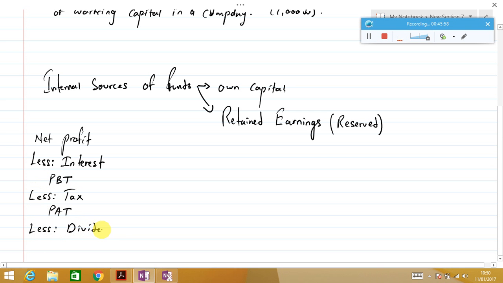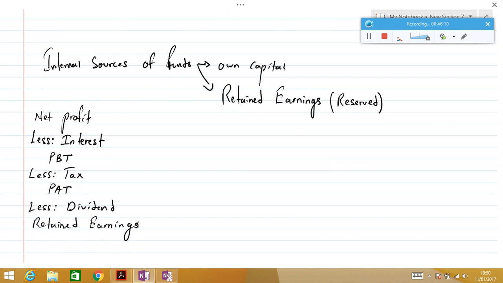Then only you will get your retained earnings, which is the money you can use. After you pay tax, whatever you want to do, you can. No problem. This profit after tax you can use.